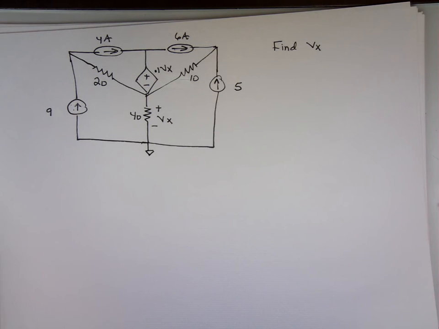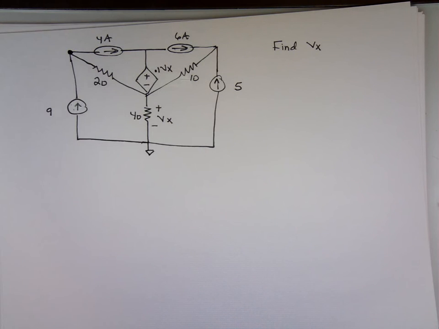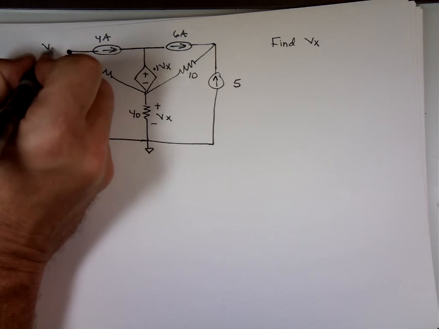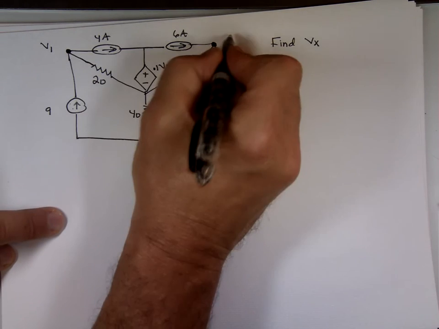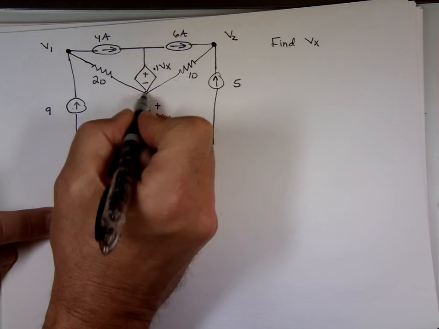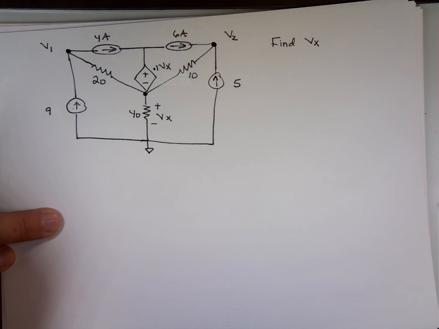I just want to prove to you, if you do nodal analysis here, do we know what the voltage here is? No, that's V1. Do we know what the voltage here is? That's V2. Do we know what the voltage here is, if this is ground? Vx. Do we know what the voltage here is?